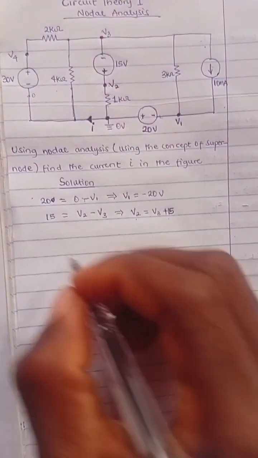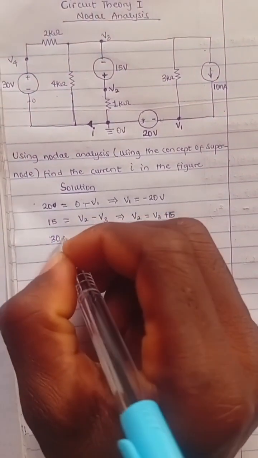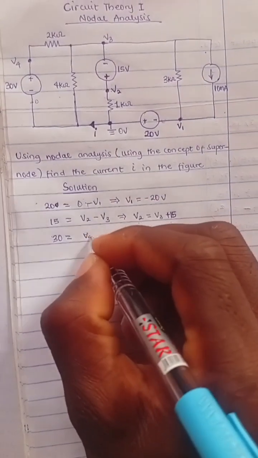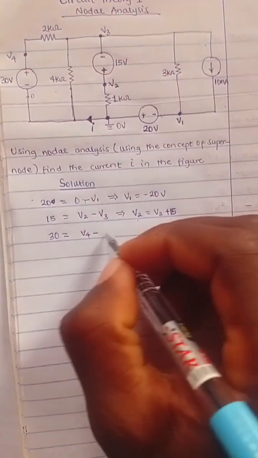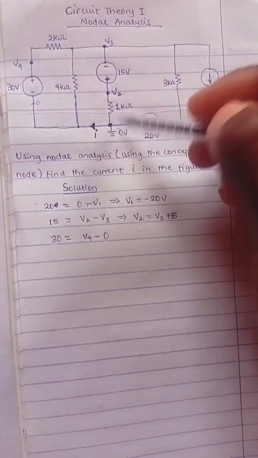In that case, our 30 volts is equal to the voltage at the positive side, which is V4, minus the voltage at the negative side, which is 0. That's the voltage here minus the voltage here. You can trace 0 back to this place. So you can't say this is V3 because there's a resistor here.